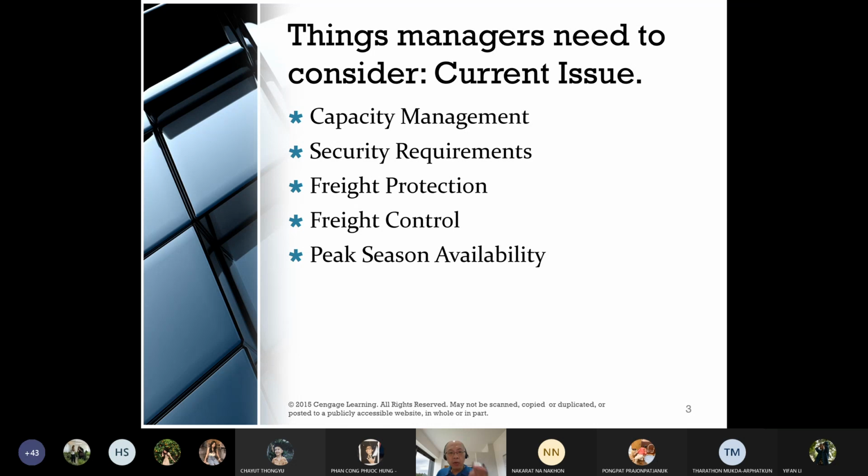And then we have security requirements. Remember from the previous chapter, we were talking about terrorism. We were talking about piracy, especially in the US. In the US, they are really afraid of terrorism because 20 years ago there was a terrorist attack in the US.